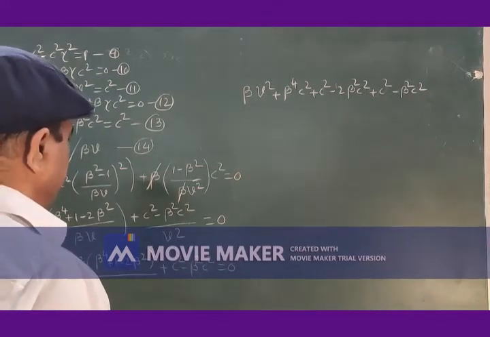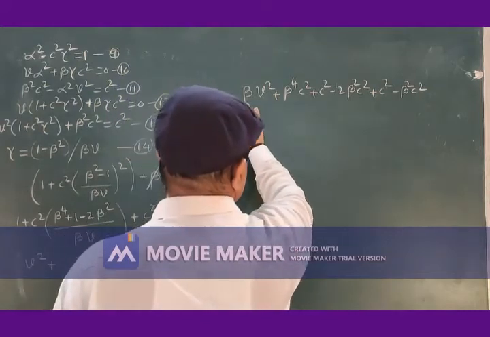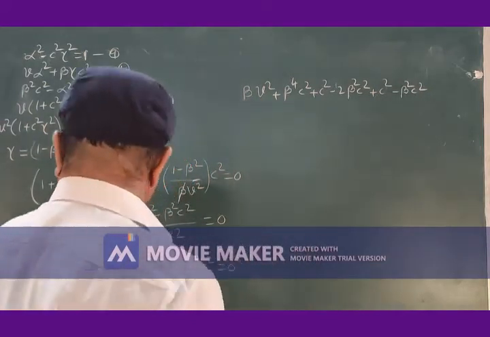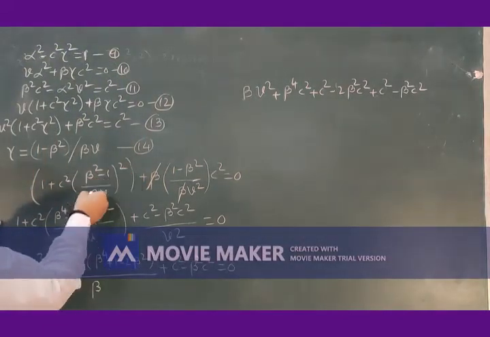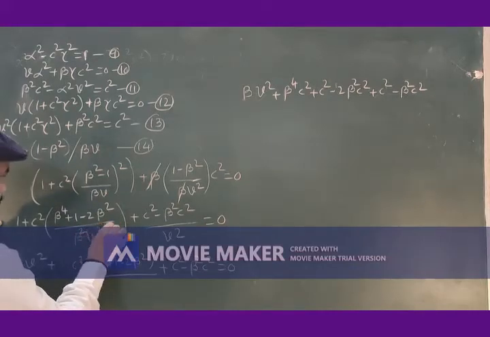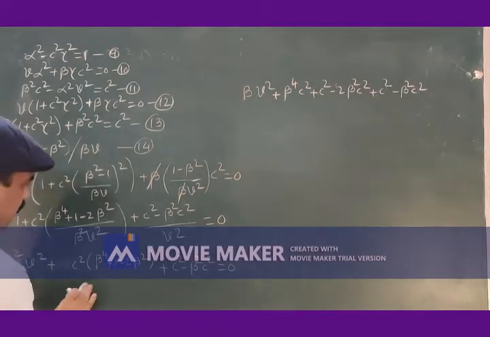This beta is remaining here, or if it is taken, it has become beta square v square, so let us take this beta square v square here.